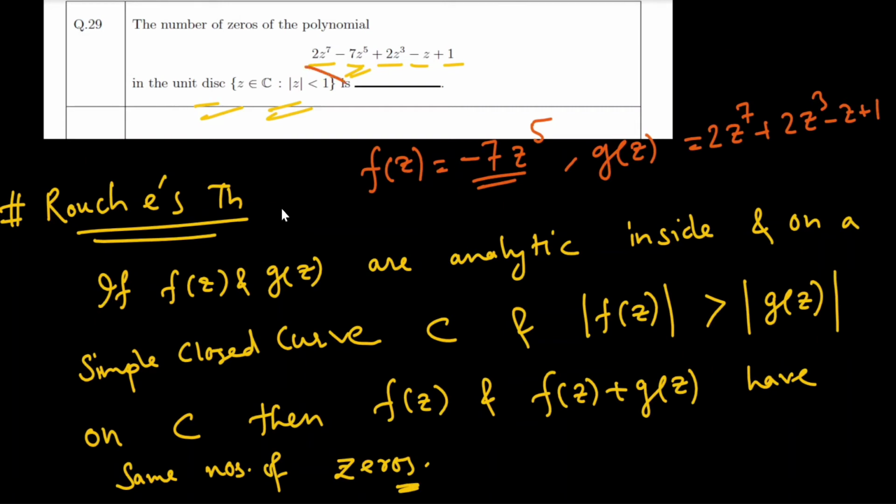Now the unit disk is mod z less than or equal to 1. So C is mod z less than 1. The boundary is mod z equal to 1.